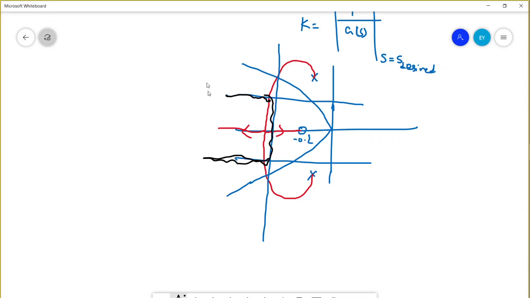You have to select the k value such that this root locus, when it is starting from here, comes towards this point, and one branch tends towards infinity, and this pole is coming here, entering our allowable region and going towards the right side.